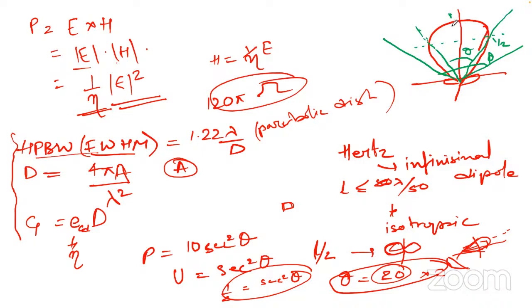Say you have a normalized pattern here. Here the maximum power is 1 and the half power is half. So if you have a normalized pattern, then you can equate it with half. Sec square has a kind of infinity value. Whatever the normalized power, you have to equate it with half.